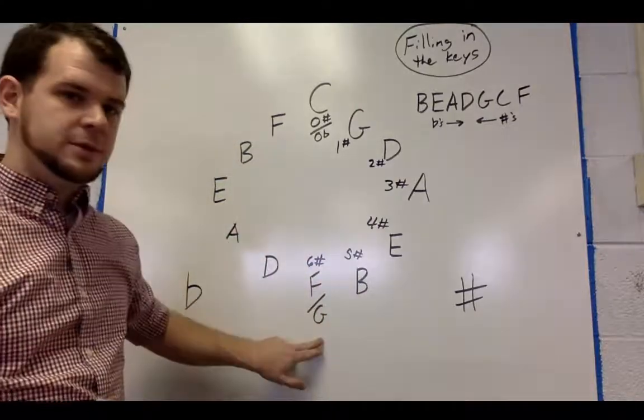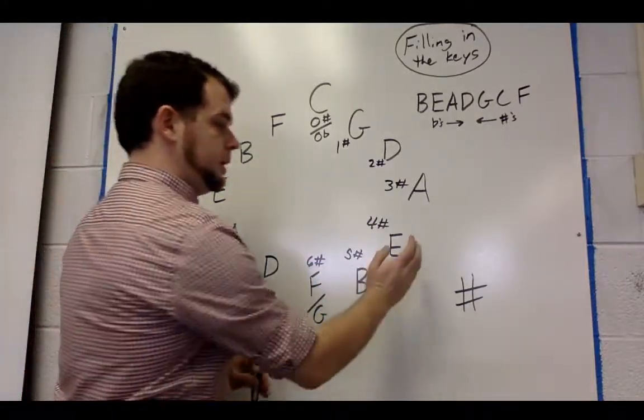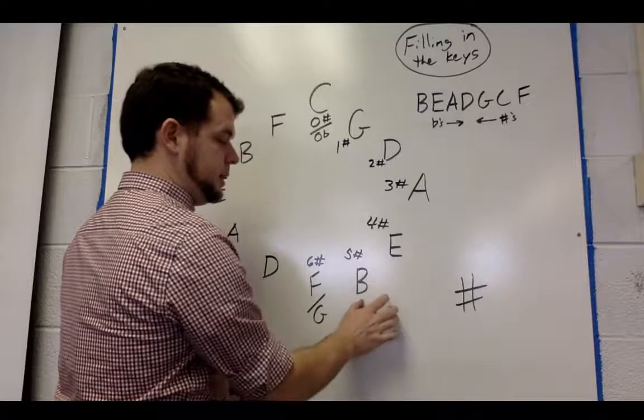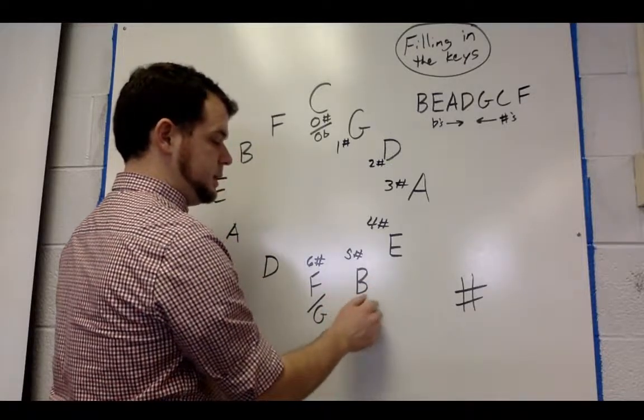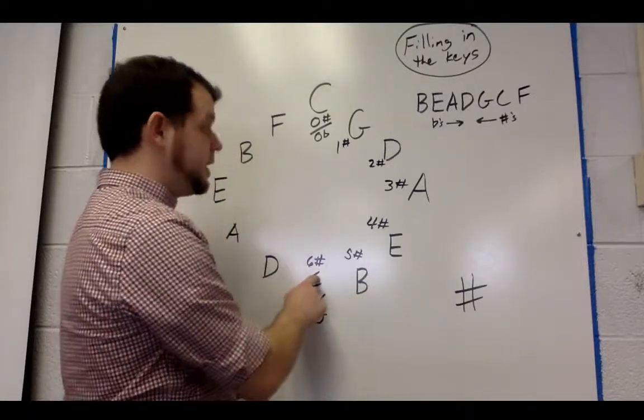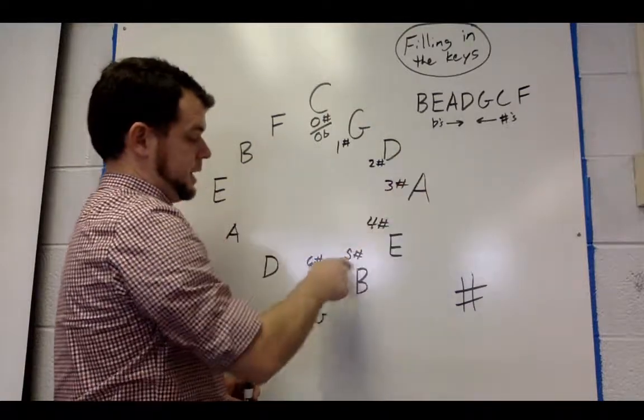This gets a little confusing down here, but if you follow the pattern, E, F, G, A, B, B, C, D, E, F, it'll show you that the F actually belongs to the sharp side.